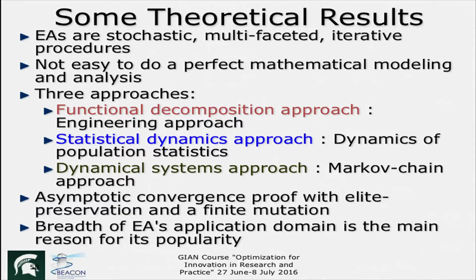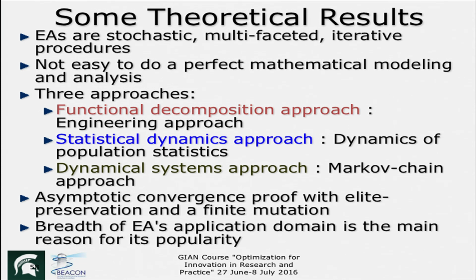Then instead of actually simulating the GA, you can simulate those equations, and then you can see how the GA is going to perform. They were able to do quite a bit of work, but then one of the things that was needed here was the actual function value. What is the fitness function that you're trying to maximize? The engineering approach did not need that, but this one needed the fitness function, and they couldn't do more than very simple, like linear or quadratic.